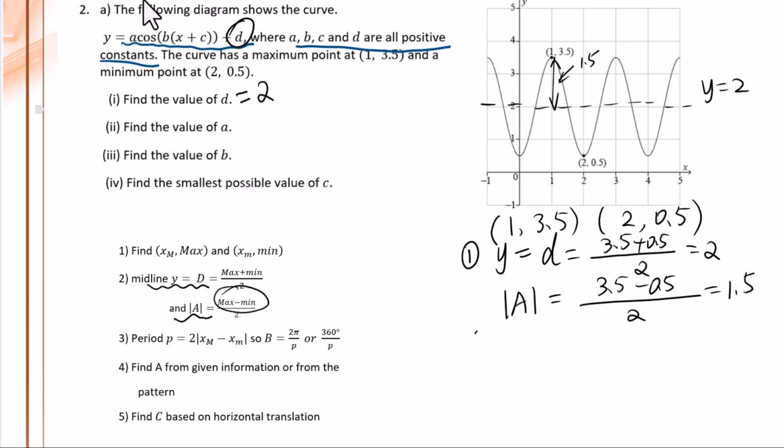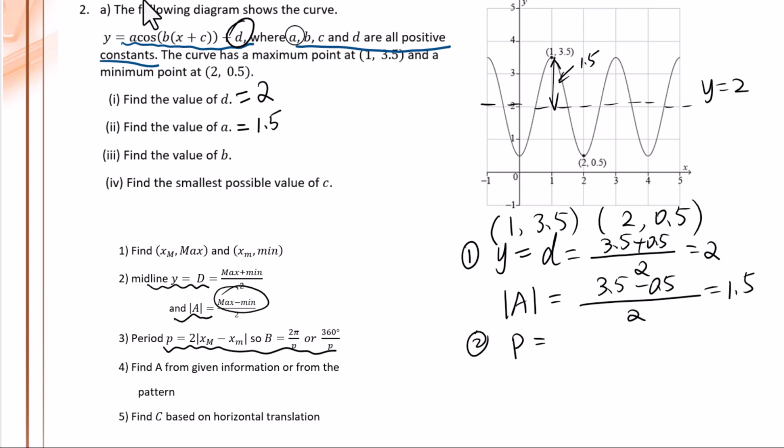From the given information, we know this a is positive. So a equals positive 1.5. Second step, we will figure out the period.